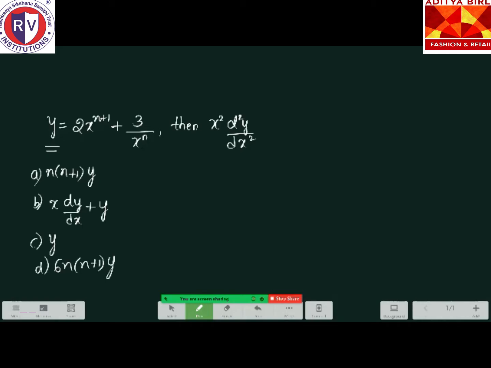So first, let us find out what is dy by dx here. This is our y. Now 2 is a constant, x to the power of n plus 1. This is of the form x to the power of n. What is d by dx of x to the power of n?